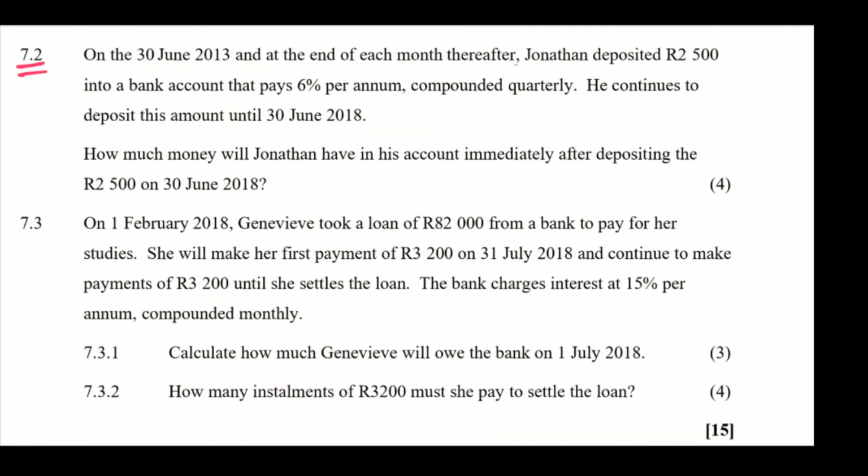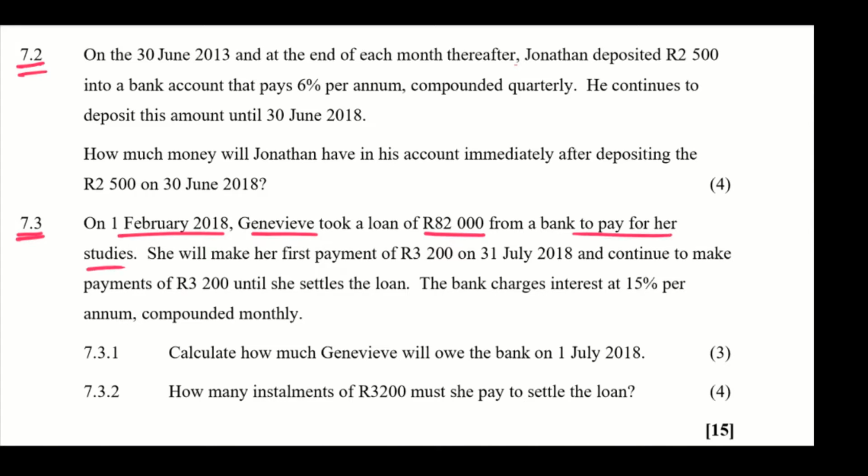So now we're going to do 7.3. It reads as follows. On the 1st of February 2018, Genevieve, oh gosh, I can't pronounce her name, sorry for butchering it, Genevieve took a loan of 82,000 rand from a bank to pay for her studies.